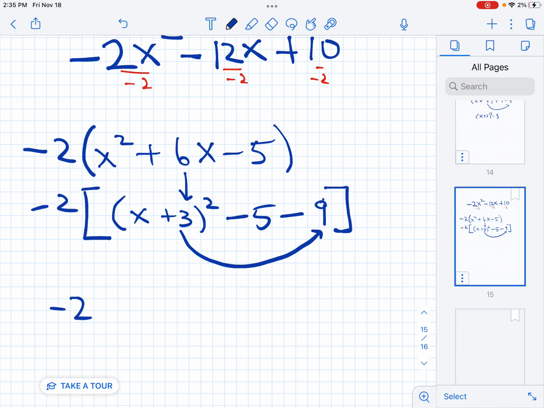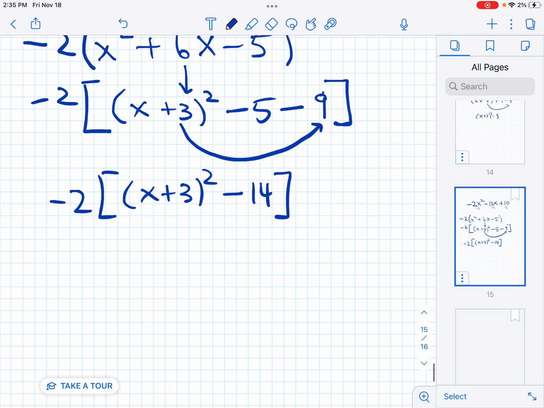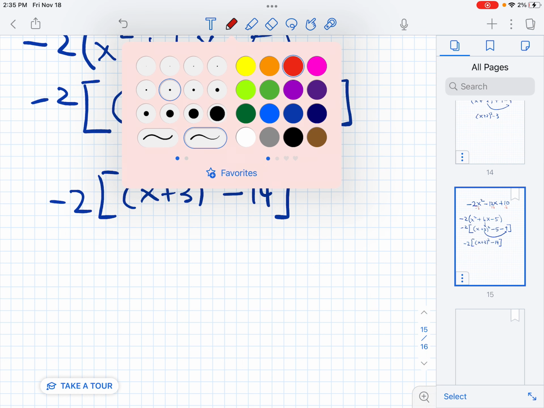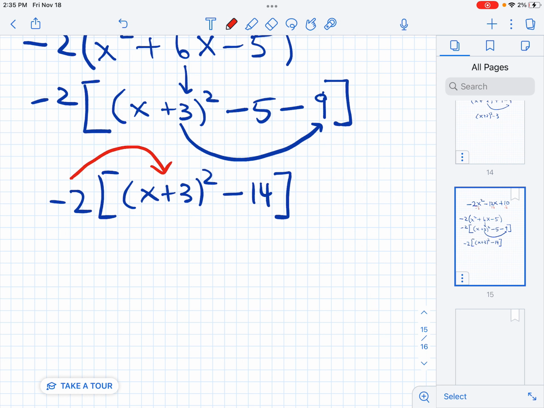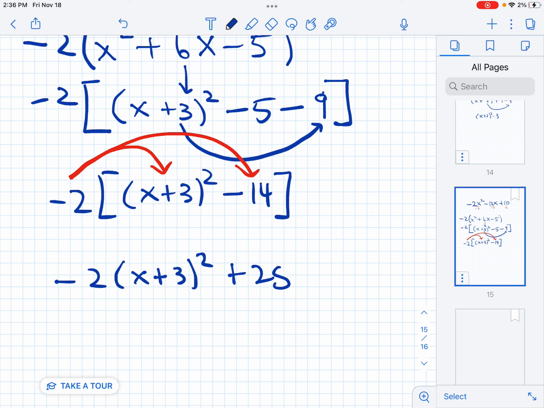Now, let's work inside the brackets just to tidy up that last little bit. -5 minus 9 is going to be -14. Okay, almost done. The last step is I have to distribute that -2 across both of those terms. And when I do that, I end up with my final answer, -2 times x plus 3 squared plus 28.